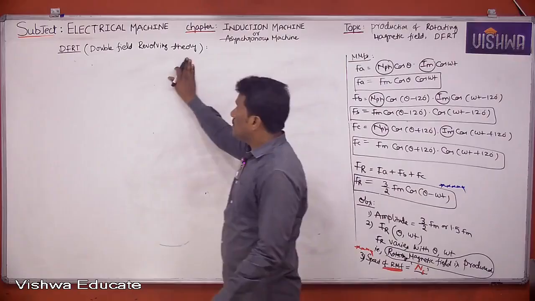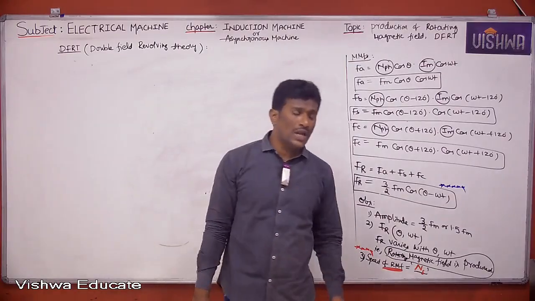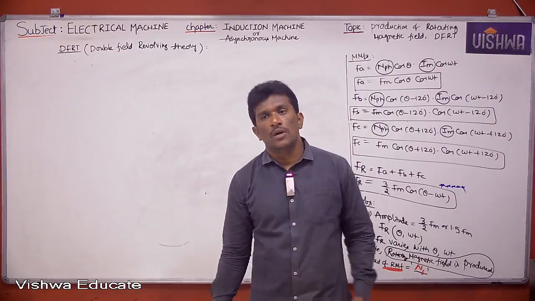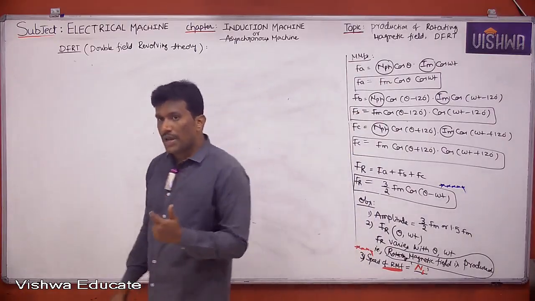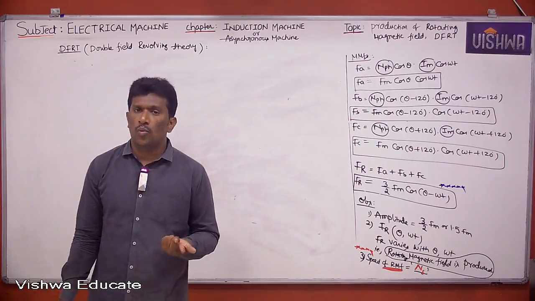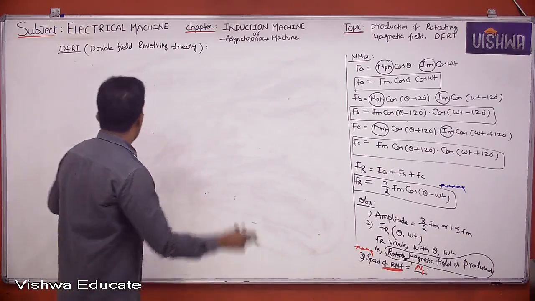According to double field revolving theory, each individual MMF wave, for example if you take FA, the MMF due to A phase, will have two components, one in forward direction, another in backward direction. Let me write here.